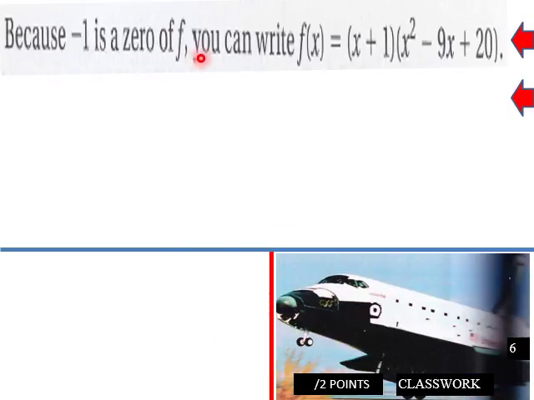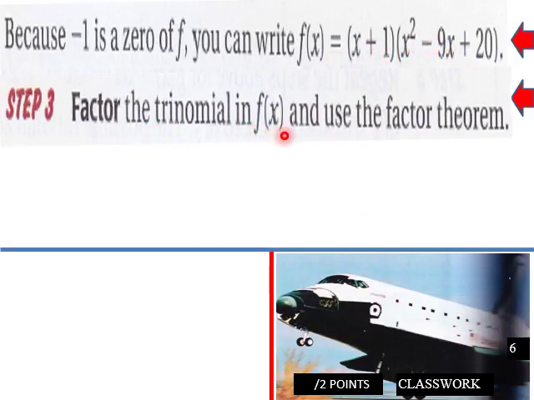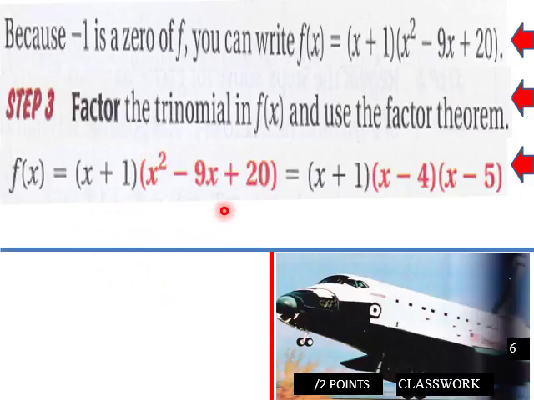So because negative 1 is a 0, you can write f of x equals x plus 1, x squared minus 9x plus 20. Factor the trinomial in f of x and use the factor theorem. So in this situation here, we have x squared minus 9x plus 20 equals this here. So we know that x plus 1 is a factor, and we can factor that out of the original.